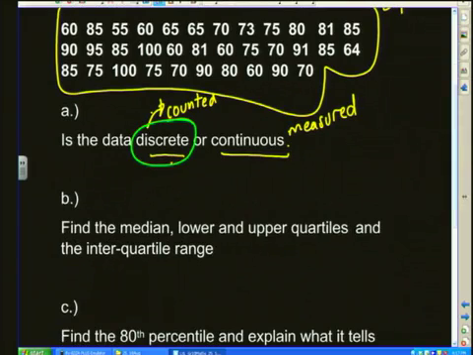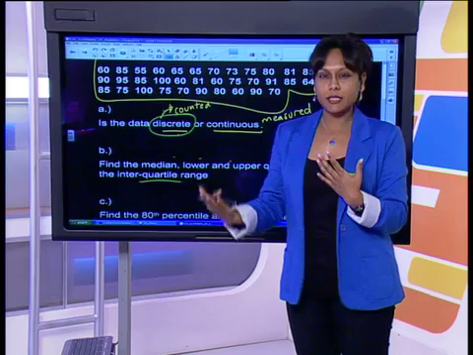Part B: find the median, the lower and upper quartiles and the interquartile range. Before we can answer the question, the first thing you will need to do is take your 34 marks and order them from smallest to biggest value.